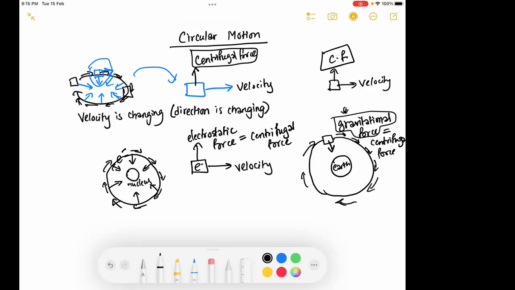So this acts between every planet or every matter or every star. Whatever is circulating around something is facing that attractive force. It is the same thing about the moon and the earth. The moon circulating around the earth, it's the same thing.